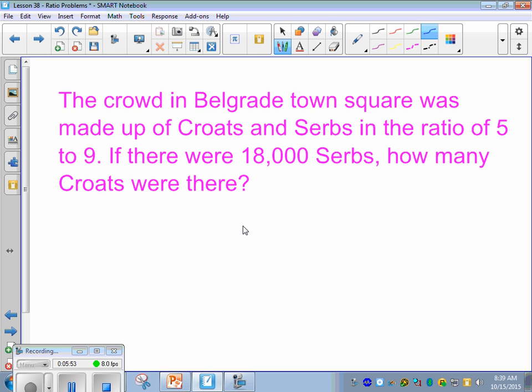All right, guys, I'm going to put an empty ratio box on here. I'm going to pass on the marker to someone. They're going to fill something in and then pass it on to somebody else. We can do this rather quickly, you guys. We don't have to take forever. So look at the problem and see what we can plug in.